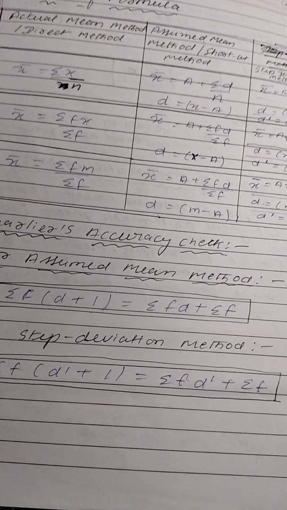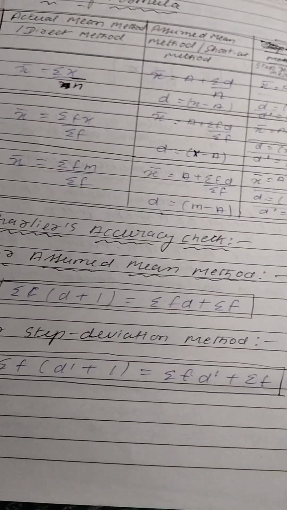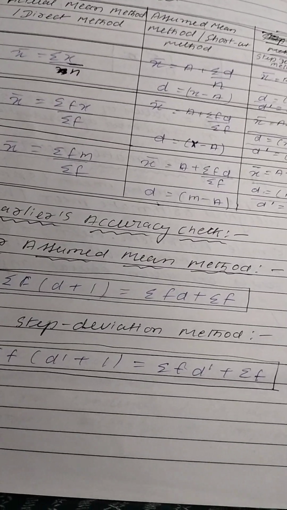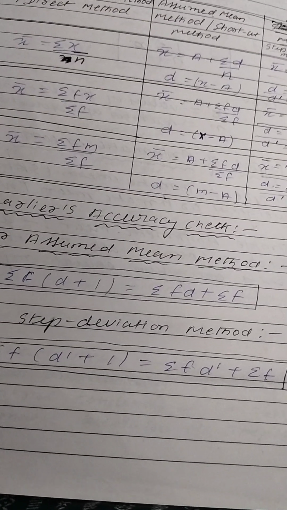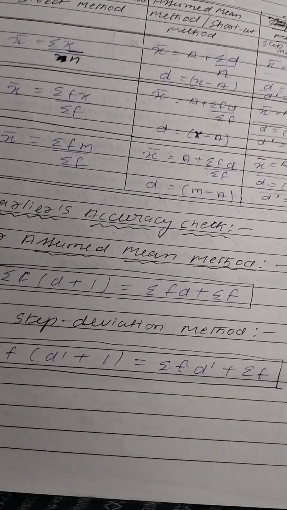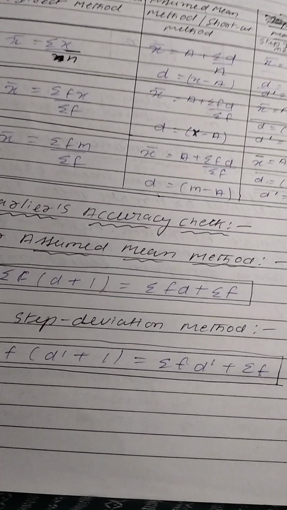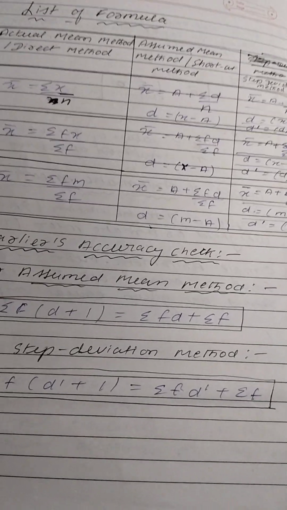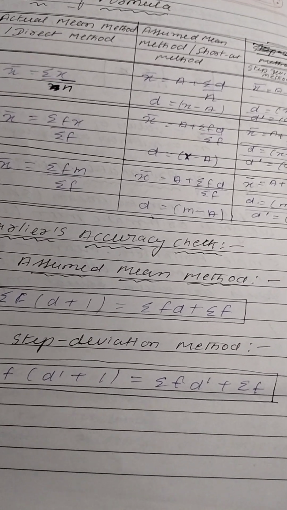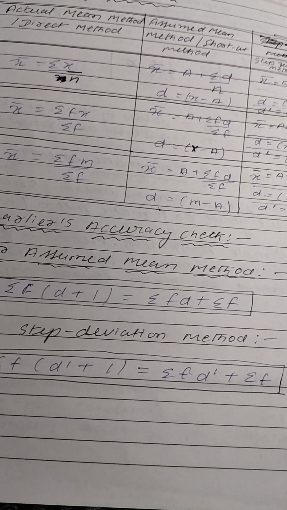And when you assume, why are you assuming? If the mean comes into decimals, then the calculations will be kind of complicated, and that is the reason why we adopted the second method, which is the assumed mean method and shortcut method.